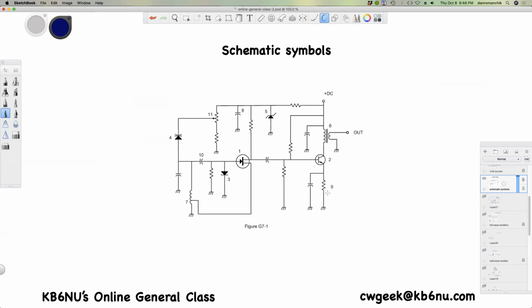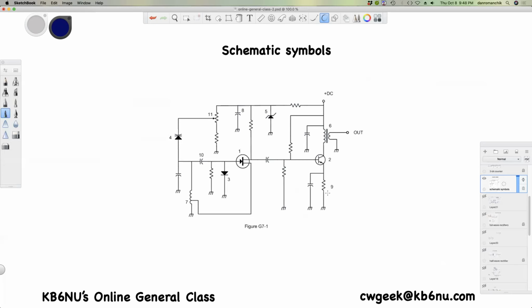The questions in this section just ask what the numbered components are, what those schematic symbols represent. So there's no question about how this circuit operates, so you don't have to worry about that. You just have to be able to identify the schematic symbols.